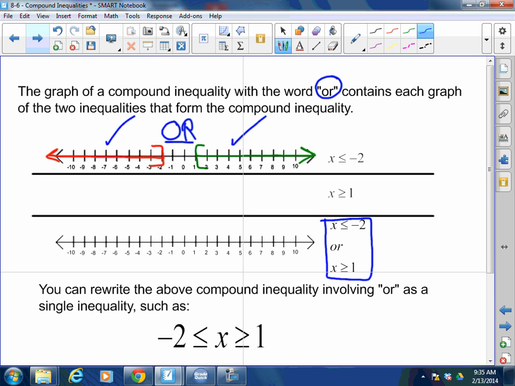That's valid as well. Yes, sir. An "or" will never have an overlap. Correct, my brother. And an "and" will always have an overlap. So how do I graph this, straight up? Because, again, I can't move around my graph on paper. Well, x is less than or equal to negative 2.